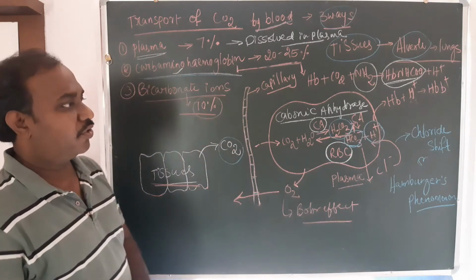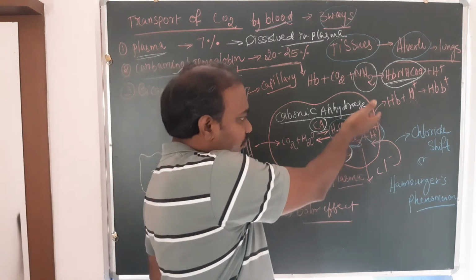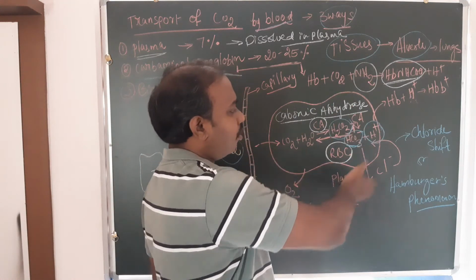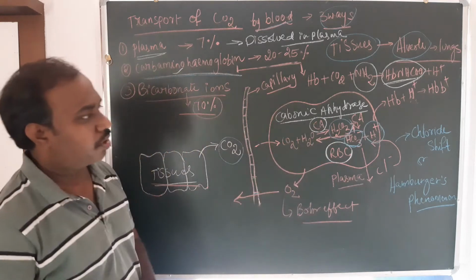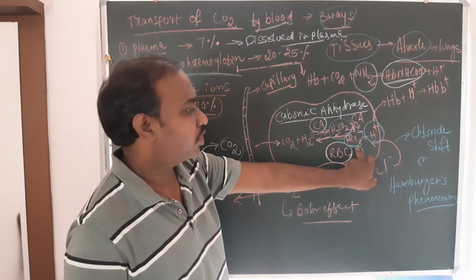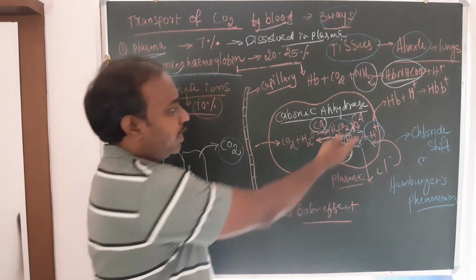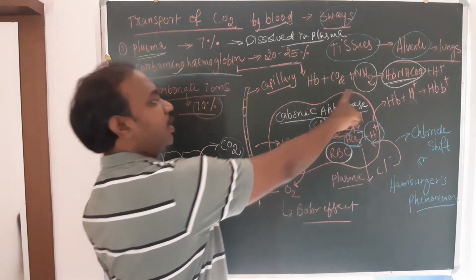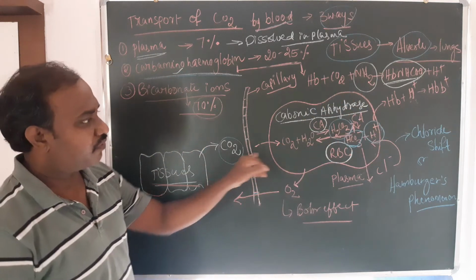H plus ions. Now you are witnessing the formation of more bicarbonate ions, HCO3, and their concentration increases within the RBC as a result of this reaction.